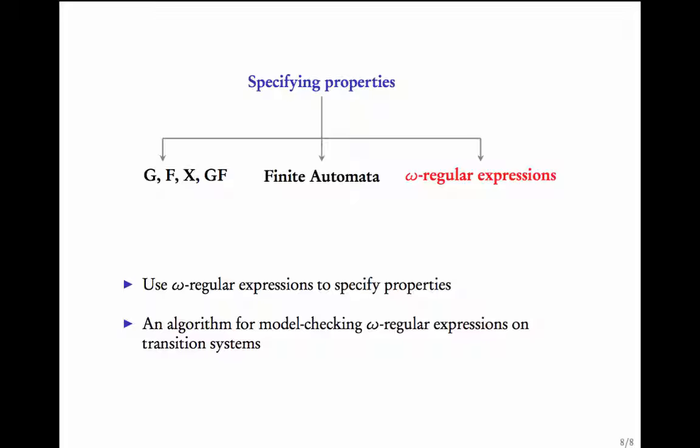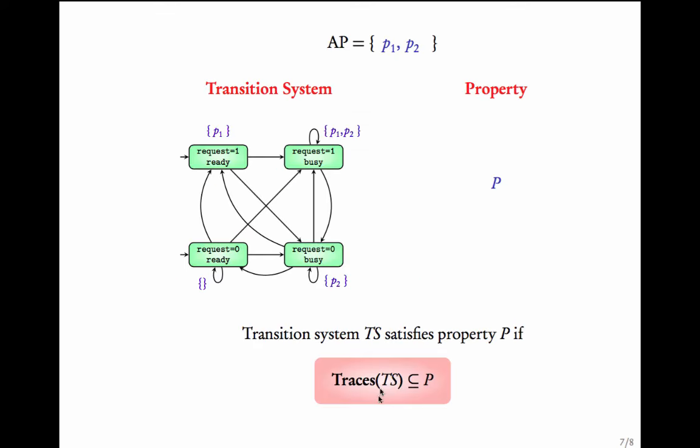Once we do that, what we want is an algorithm to check this. Suppose I give an omega regular expression and this transition system. What is an algorithm that checks if the set of all traces is contained inside this omega regular expression?